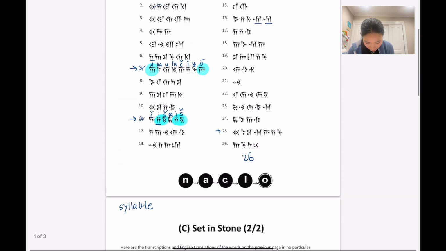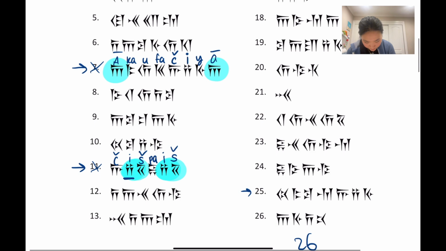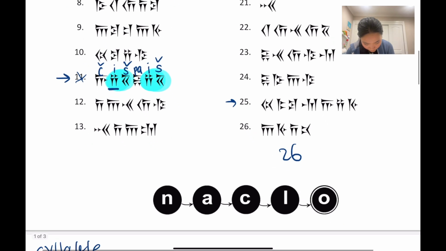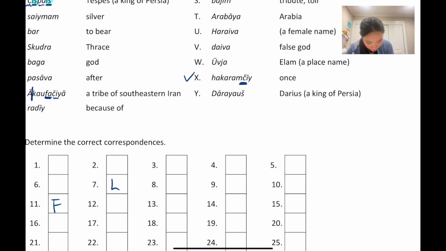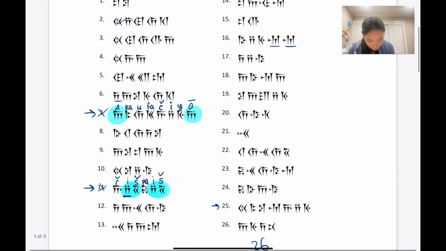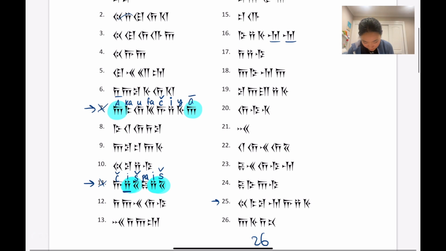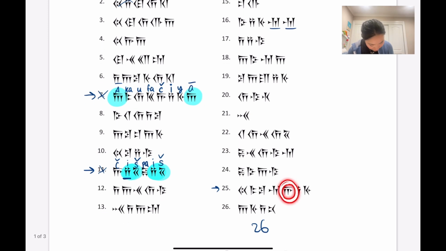Well, let's look at what letters there are in this. There's this little C, and we already found this letter C to be this syllable. Notice how we have identified that, and hey, they're also matching, which is a good sign. Do we see that anywhere? Oh, we actually do. We see a little C here.